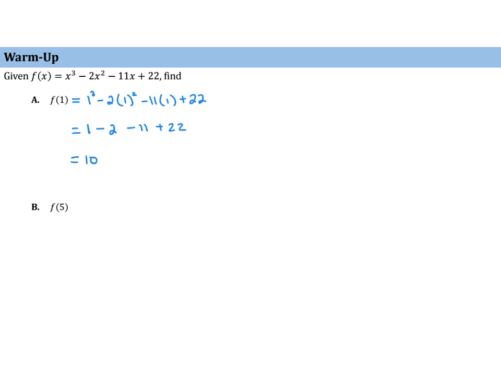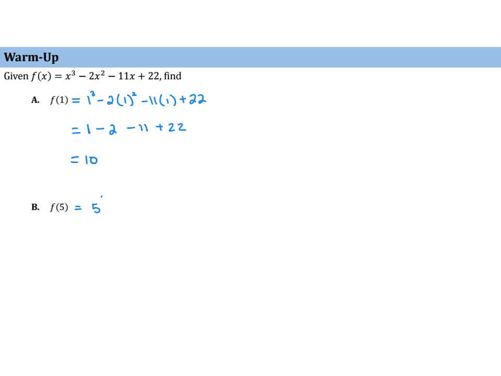Now go ahead and pause the video and do part B and see what you obtain. Then I want you to make a connection between the answers from part A and part B to what we saw in our synthetic division problems. So let's go ahead and substitute 5 in for x.